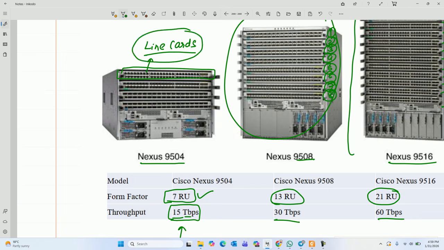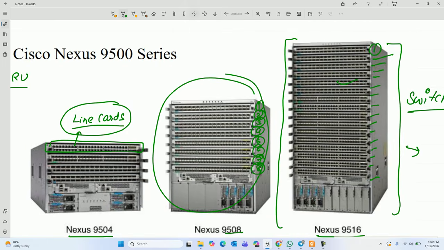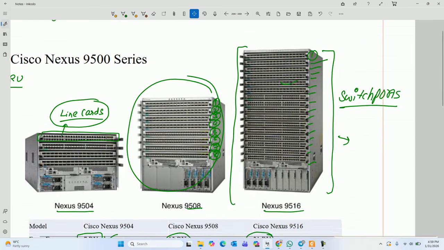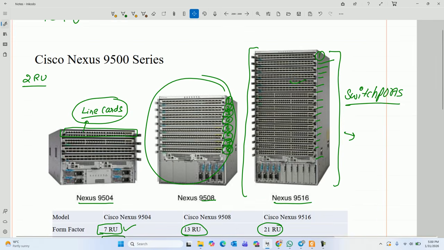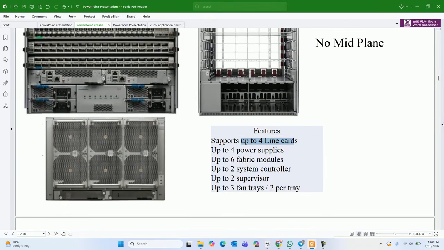So that's why we simply call them line cards instead of switches. In this we have 4 line cards, in this we have 8 line cards, and in this particular chassis we have 16 line cards. Then up to 4 power supplies.